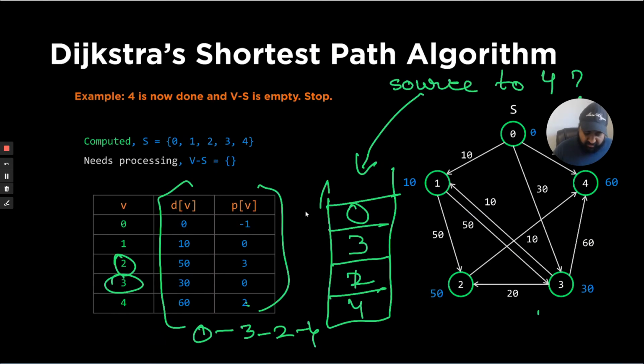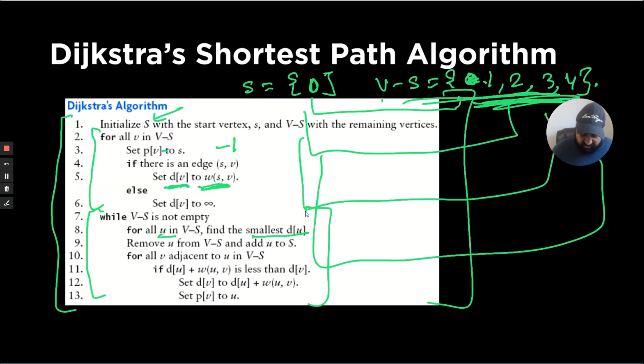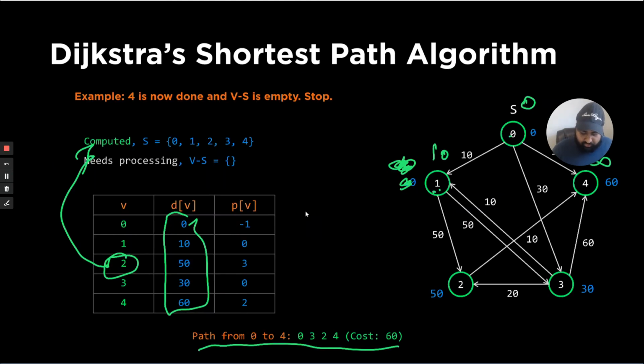You remember we were trying to find the smallest dv or du in this table that we have, and you remove this vertex from here to the computed set. That's exactly what they are doing. Then for every v that is adjacent to u, they look at the adjacent values that are here.